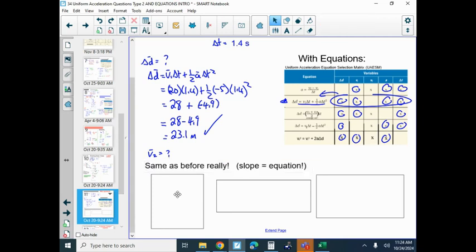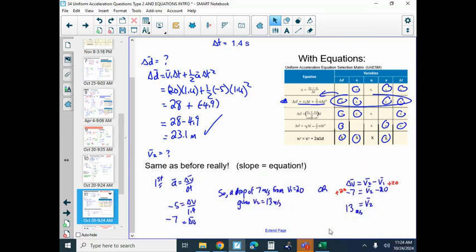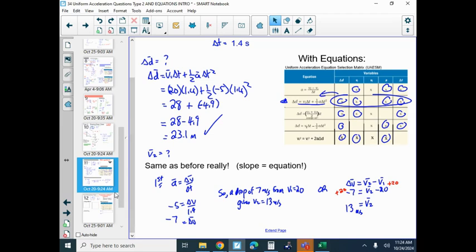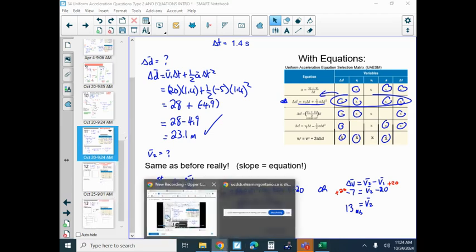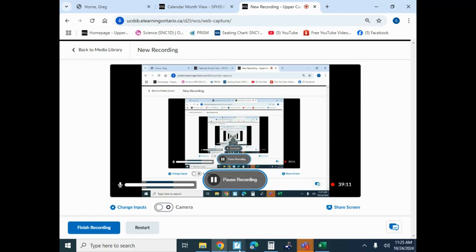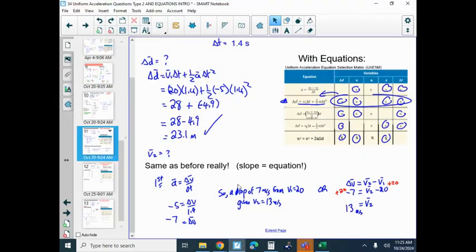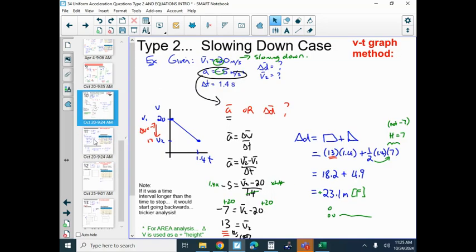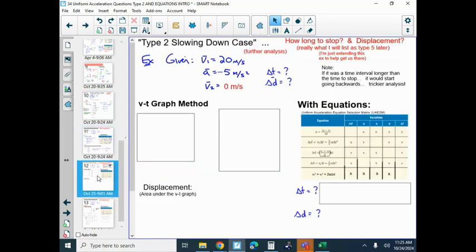For V2, it's just the same as before, right? So I just calculated delta V first and then V2, but it's the same kind of stuff. Just 1 sec here. All right, so life is making sense. The equation method and the VT graph method producing the same results, as they should always, right?